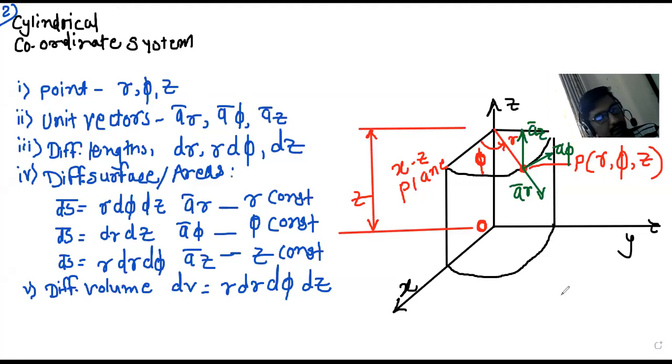Copied this? Can anyone respond? Yes, sir. Okay. So if one student can copy, then that is an assumption that everyone can copy. If one student has completed, that means the time given for copying is sufficient, so I can proceed further.